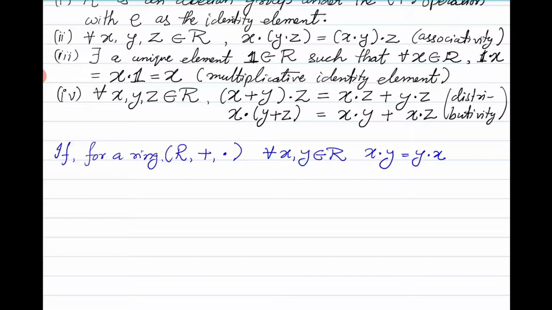Take any pair of elements from the ring. The product of x and y is the same as the product of y and x. Basically, the dot operation is a commutative operation on the ring.